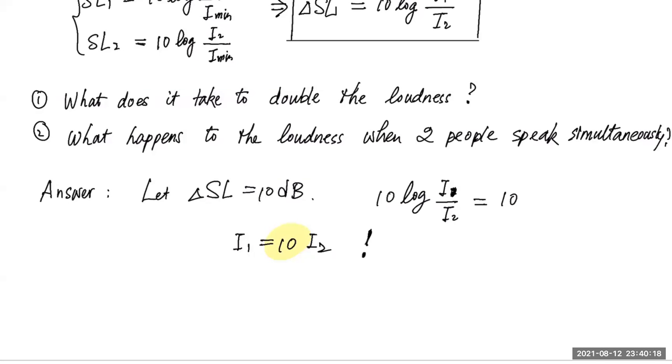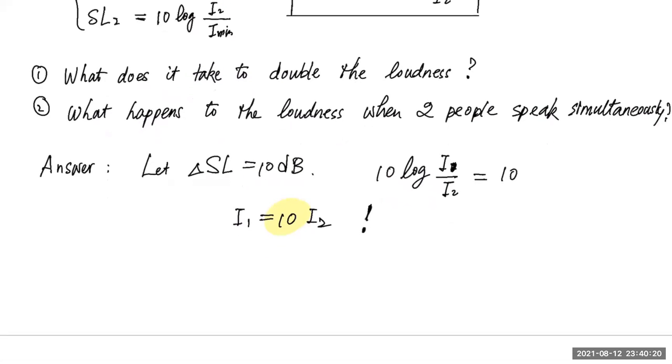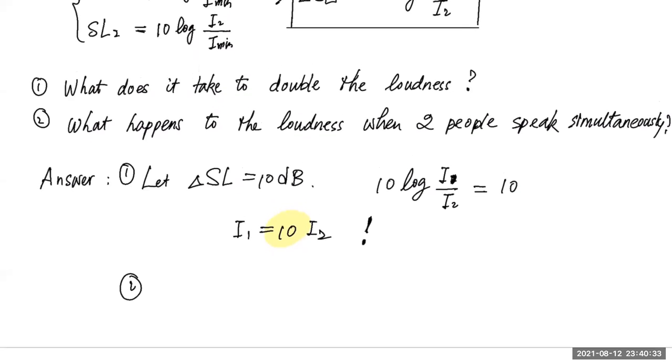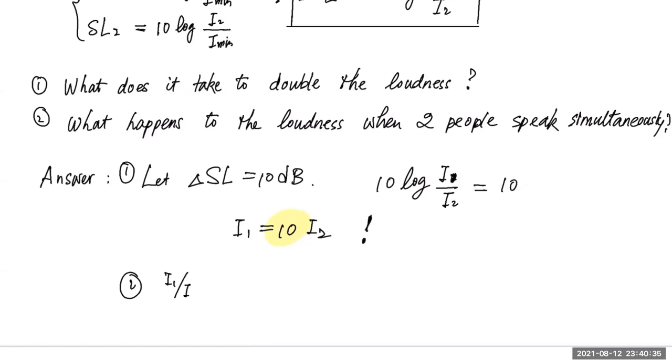The second question: what happens when two people speak? So looking at a case where I1 is twice as much as I2, so I1 over I2 equals 2. I1 is the case when you have two people speaking at the same time; I2 is only one person speaking.